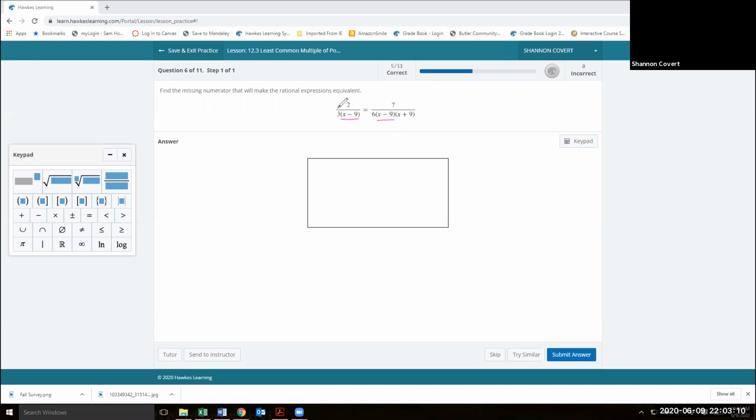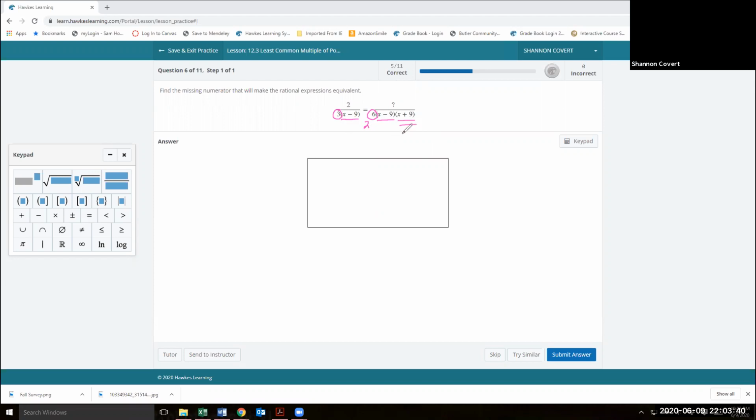I have a 3 in the denominator on my left. I have a 6 in the denominator on the right. So I'm missing a 2 with that 6 and the x plus 9.